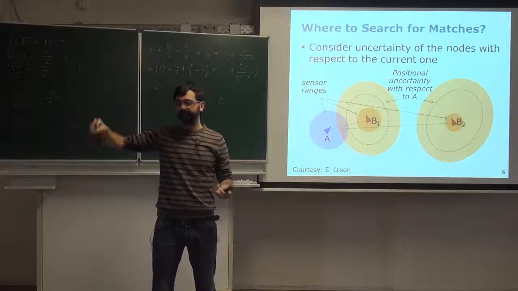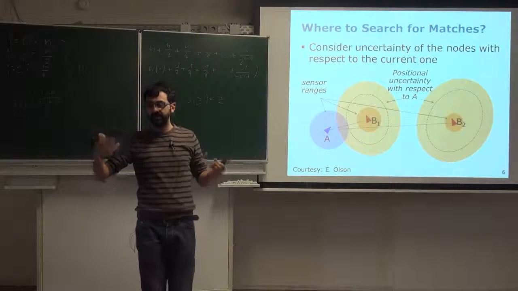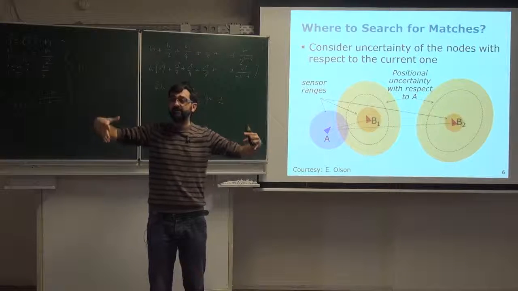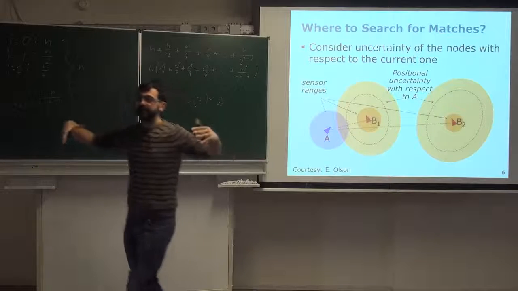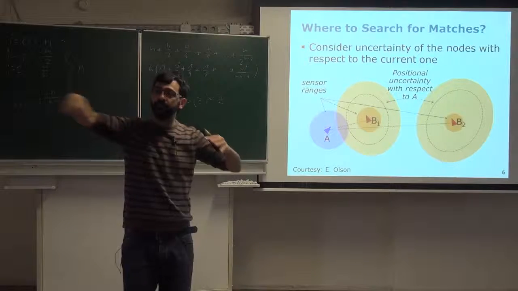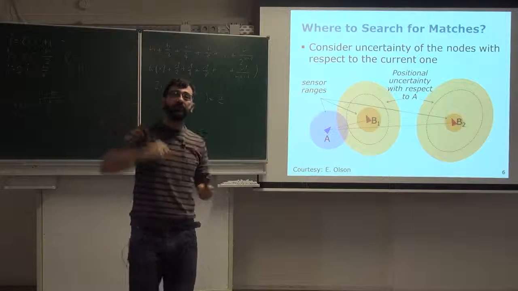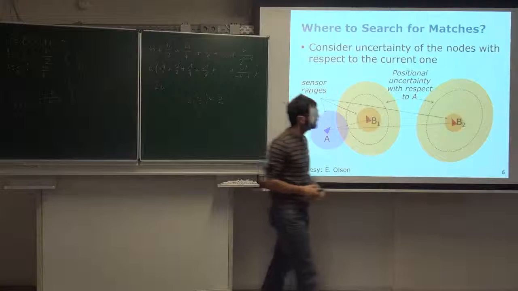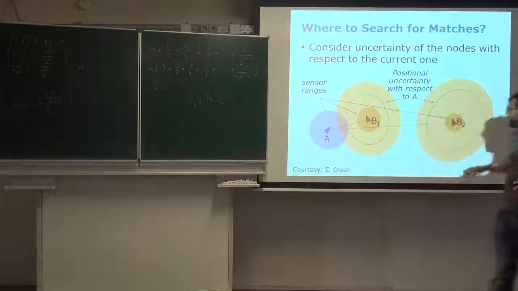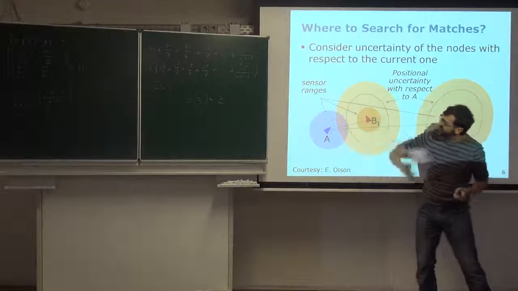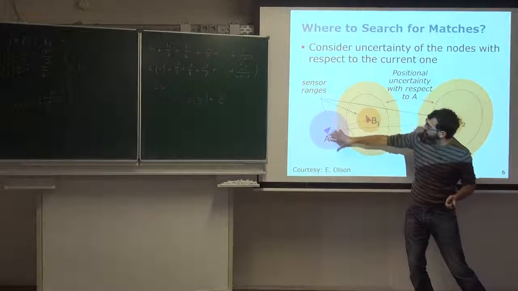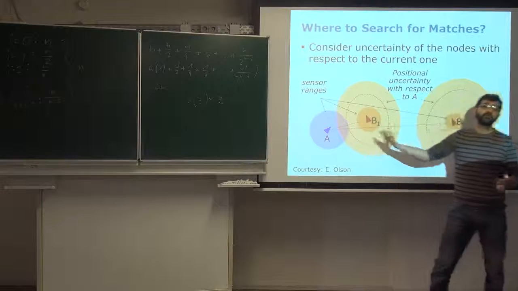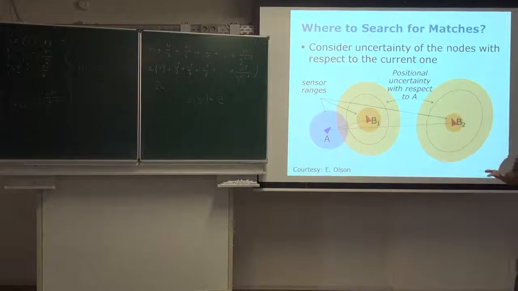If I don't have any uncertainty, the only thing I can say is my field of view area, what I've seen so far. Since I have an uncertainty, I can be in different places around this place, so I want to convolve this view around this uncertainty level. Now as an example, we get these two poses, B1 here and B2 here on the side, and then we try to intersect these areas, and if there is an intersection, we consider the pose as a potential candidate for matching.